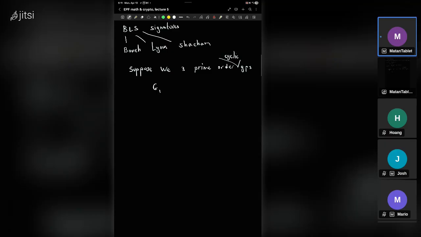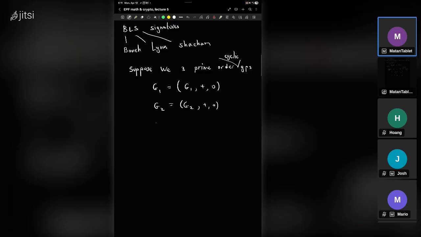In fact, any prime order group is automatically cyclic, but we can just assume this in addition. So G1 is going to be written additively, G1 with plus and 0. G2 is also written additively.